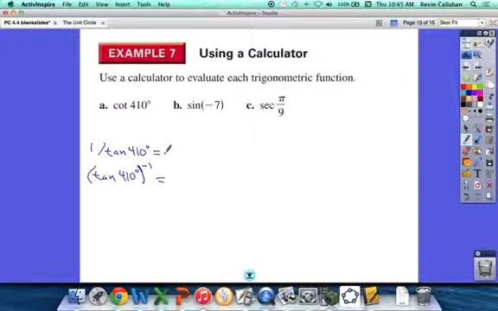And what do we get? Okay, and you're in radians. Let's see if that would make a difference, is the question I've got anyway. Tangent of 410, x to the minus 1.